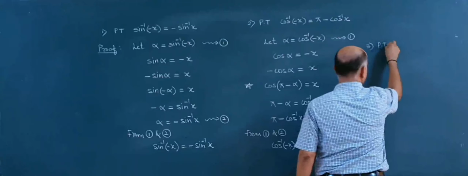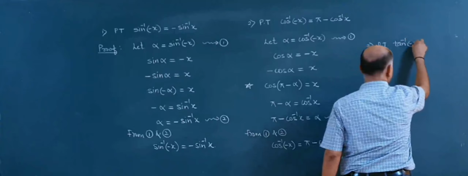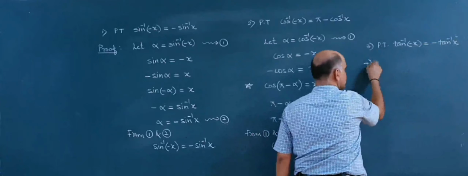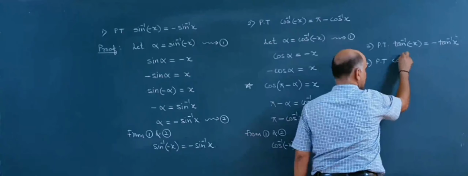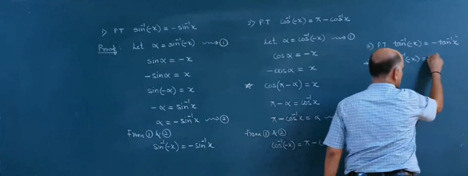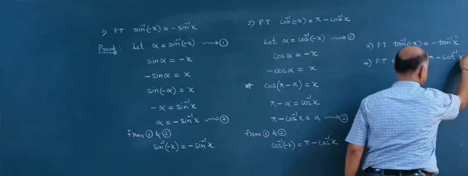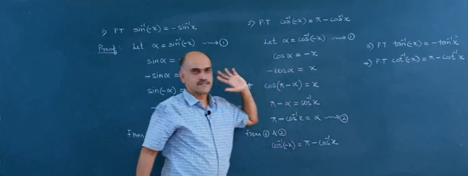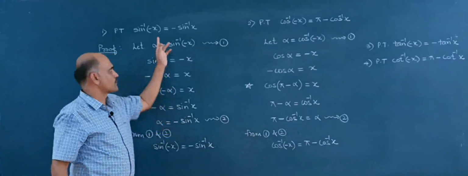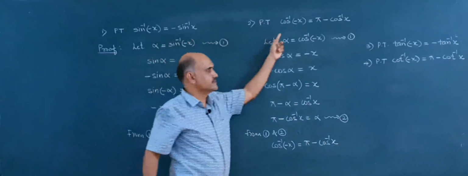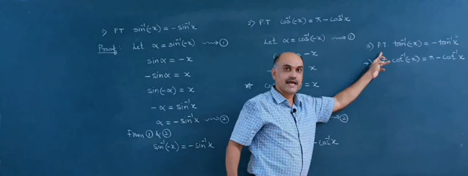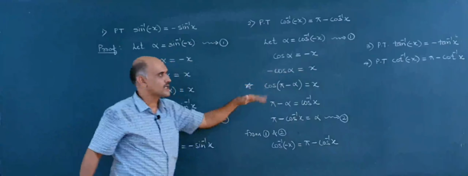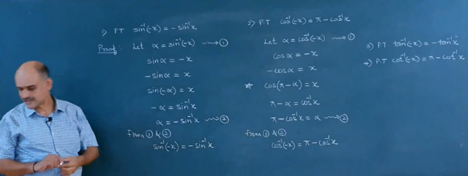Third one, prove that tan inverse of minus x is equal to minus tan inverse x. And fourth one, prove that cot inverse of minus x is equal to pi minus cot inverse x. So you can try these two formulas on your own. For problems I will be taking the first three formulas, that is sin inverse of minus x, cos inverse of minus x and tan inverse of minus x. So you can pause the video and solve those two, and again I will be telling another three formulas.